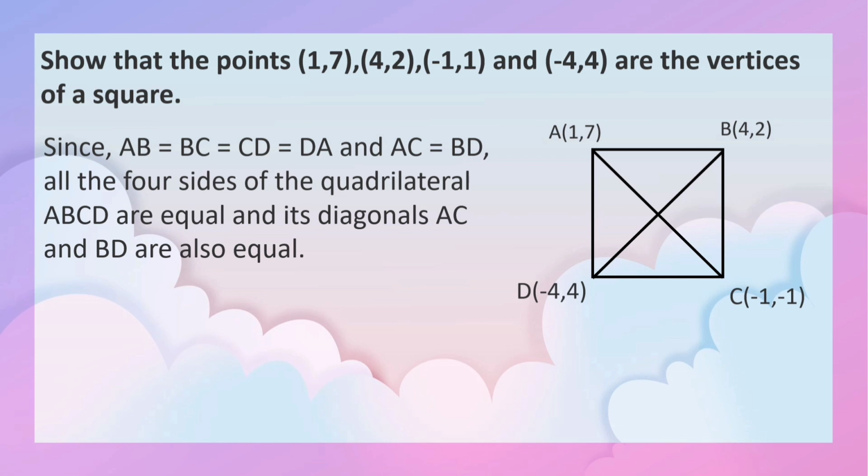Since AB is equal to BC is equal to CD is equal to DA and also AC is equal to BD, all four sides of the quadrilateral ABCD are equal and also its diagonals AC and BD are equal. So therefore ABCD is a square.